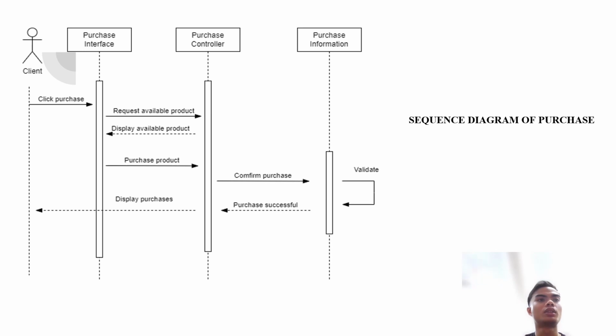Next, the client can purchase a product. The purchase interface will send the purchase product to the purchase controller, and the purchase controller will send confirm purchase to the purchase information. In this process, the validation will be done. If the purchase is successful, purchase information will send purchase successful to the purchase controller, and the purchase controller will display purchases to the purchase interface.